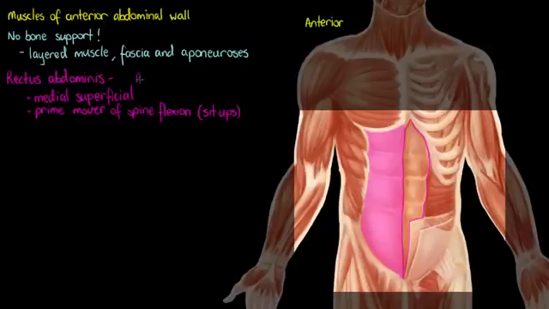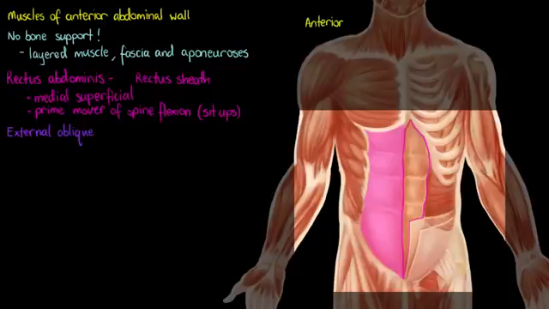And the feature I've just highlighted in pink here is called the rectus sheath. The rectus sheath is just going to be part of the aponeuroses of your other abdominal muscles, and we're going to talk about all of those right now.